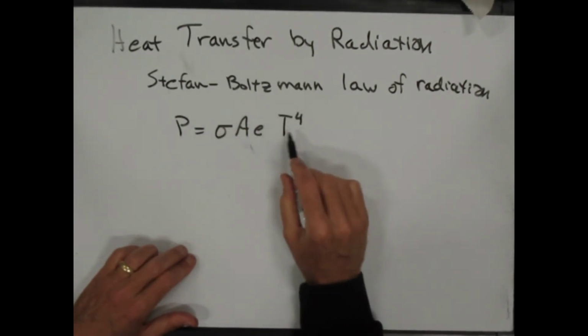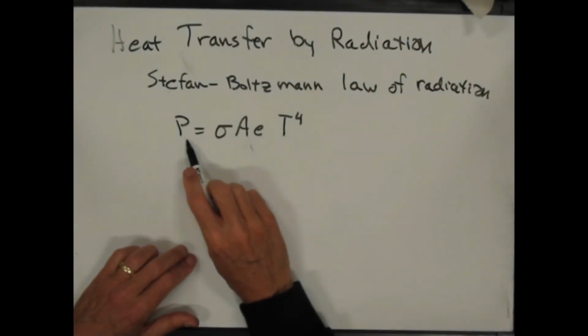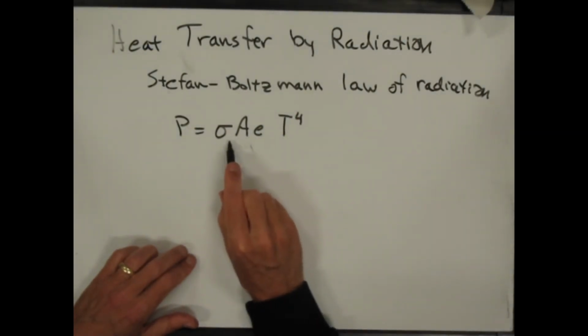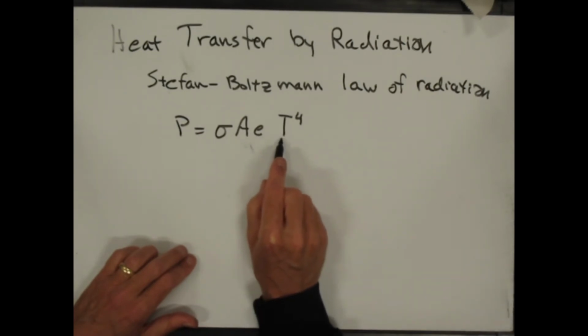The Stefan-Boltzmann law of radiation says that the power radiated by an object at temperature T is sigma A epsilon T to the fourth power.